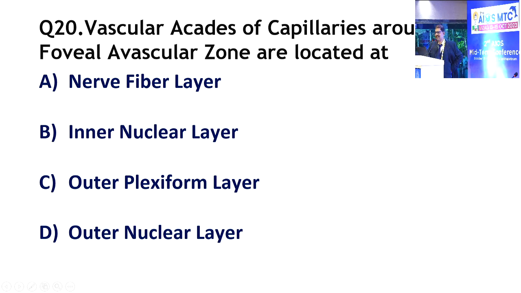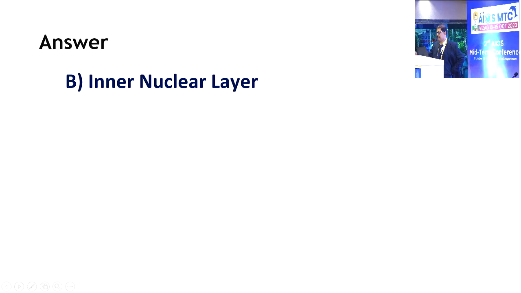Looking at the foveal avascular zone on fundus fluorescein angiography also, you really feel good. But where are these capillaries in a normal retina? Again, it is the inner nuclear layer.